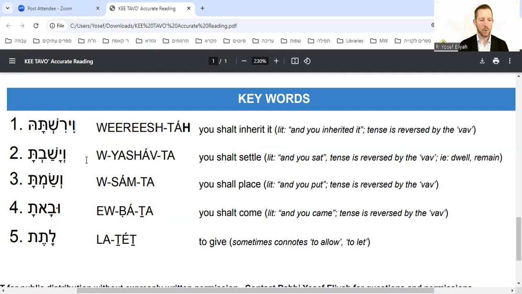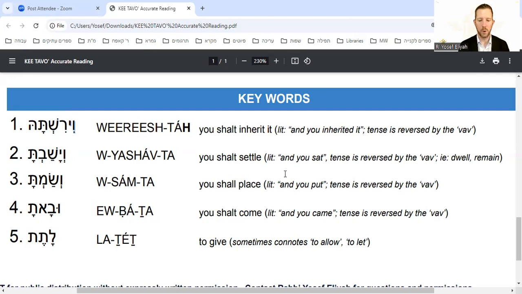Number 2, vayashavta, means you shall settle. Literally, it means and you sat. Sat is a frequent Hebrew idiom that refers to settling, to establishing permanent dwelling in a location. Vayashavta, and you shall dwell. Number 3, vesamta, and you shall place.